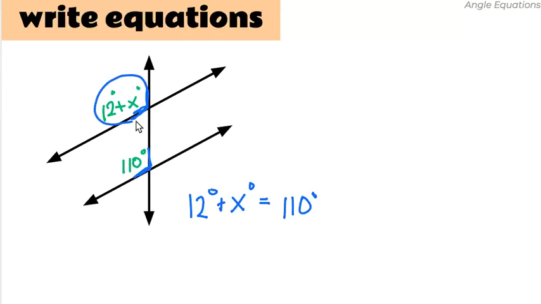This angle and this angle are congruent because they're in the same exact position. They're matching. They're corresponding. So 12 plus x, whatever degree this equals, would actually be 110.